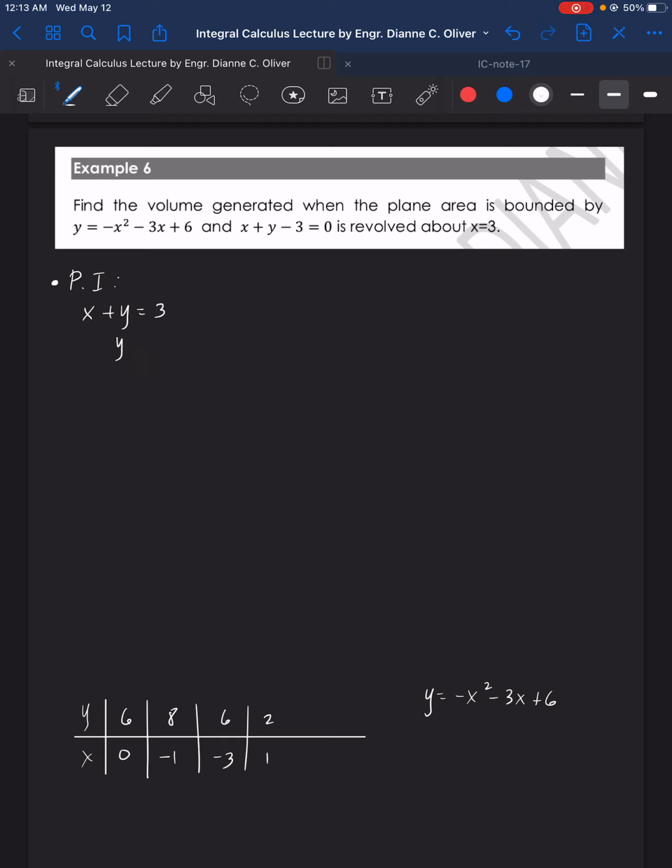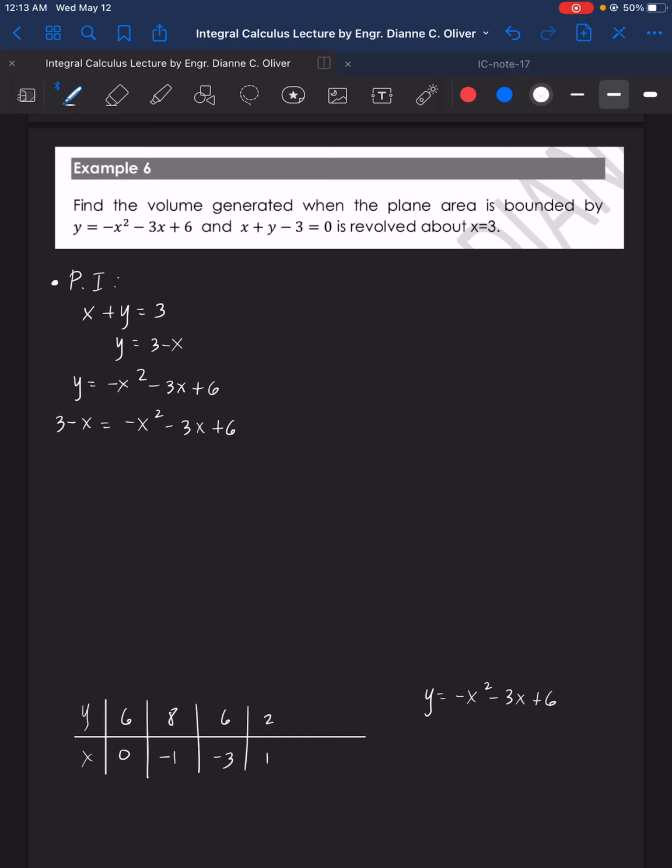Therefore, y is equal to 3 minus x. Substitute that on the curve. The curve here is y is equal to negative x squared minus 3x plus 6. Substitute y, we have 3 minus x is equal to negative x squared minus 3x plus 6.